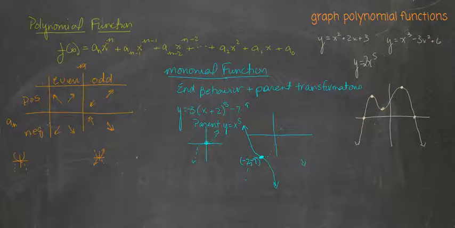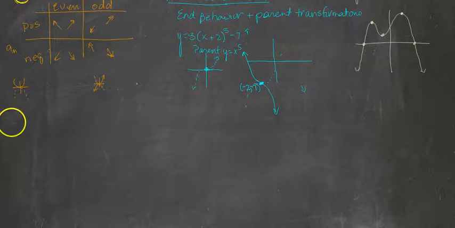But after a monomial, it gets trickier. So our first consideration for graphing a polynomial function is to look at end behavior. Done. Our second consideration then, using the function to sketch in that graph, is to look at the power again. All we care about is n at this point.